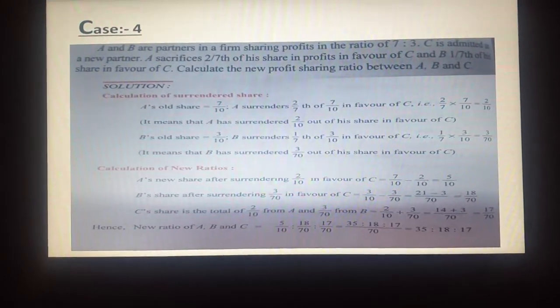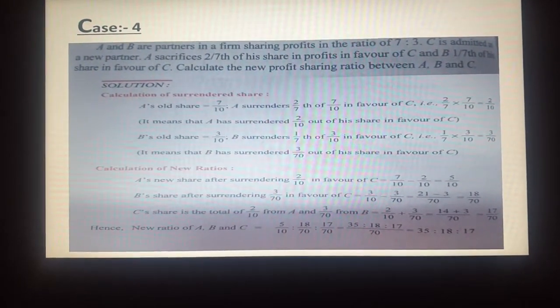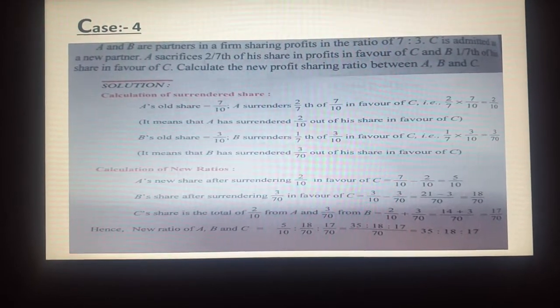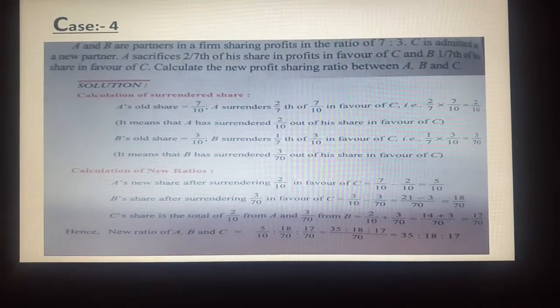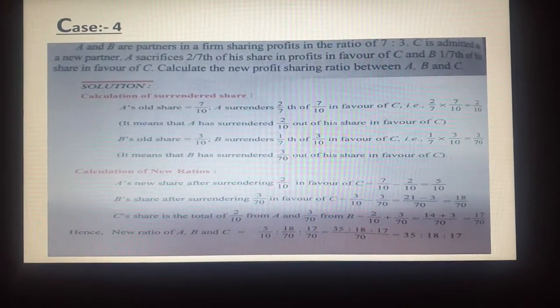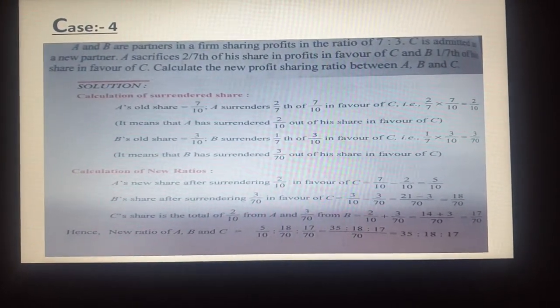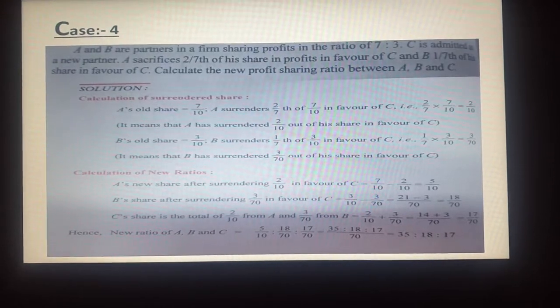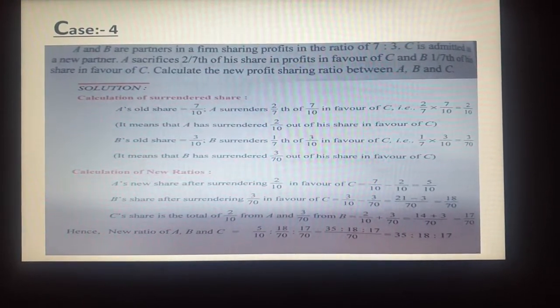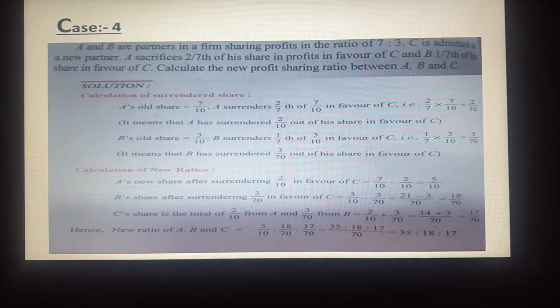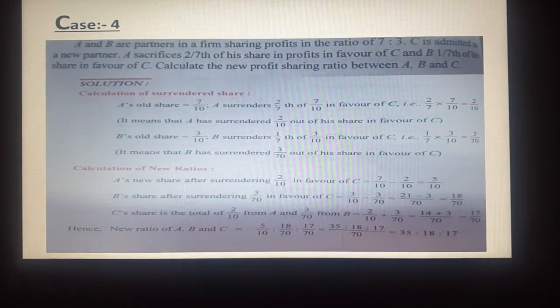C is shown directly, and for A and B you put the formula old minus sacrifice. So these are cases number three and four. What is the difference between them? In the third case, sacrifice is directly given, and in the fourth case, sacrifice is not given, and the ratio of the new partner is also not given.